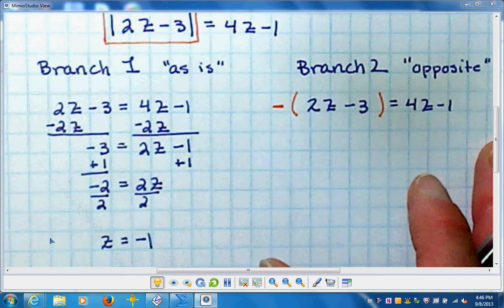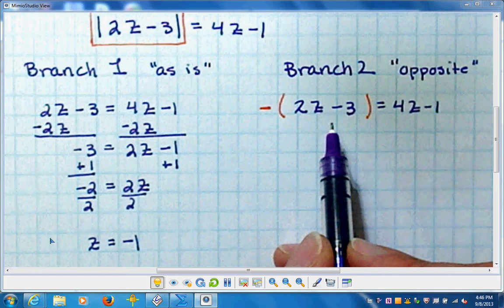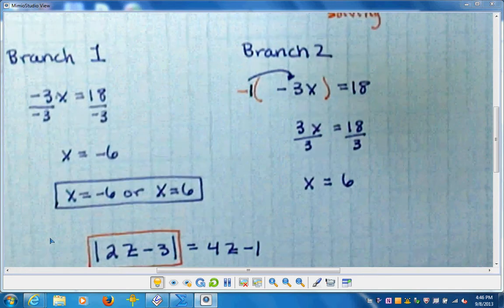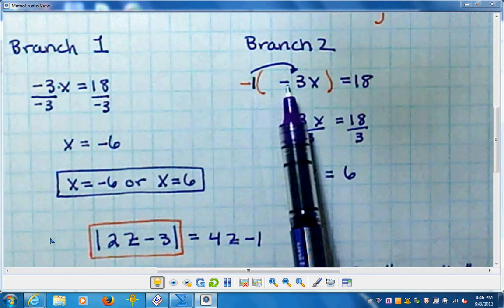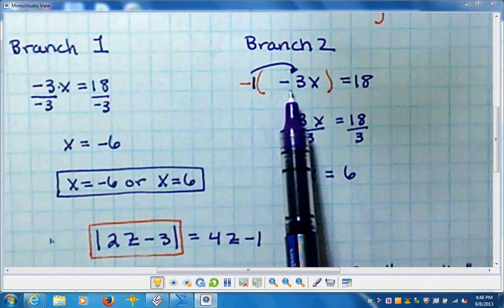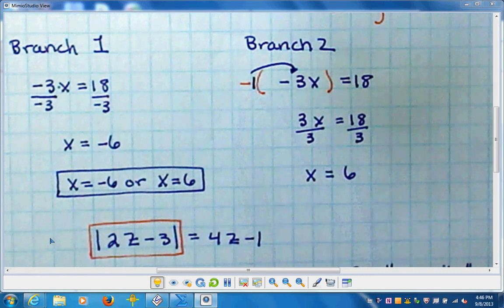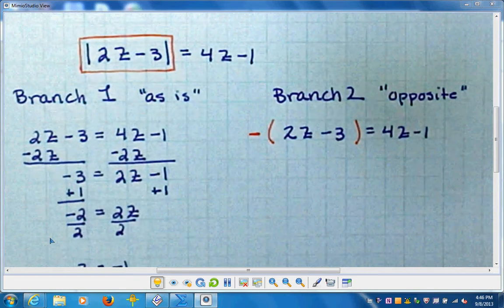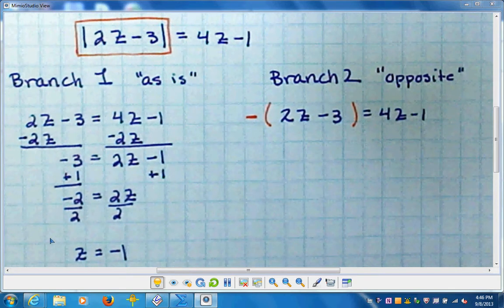Okay, so now we're going to look at this side. In the previous example, I distributed that negative inside. And I said that we could distribute it in, we could divide by negative 1, or we can multiply both sides by negative 1. So for this particular example here on branch 2, I'm not going to distribute that negative 1 in.